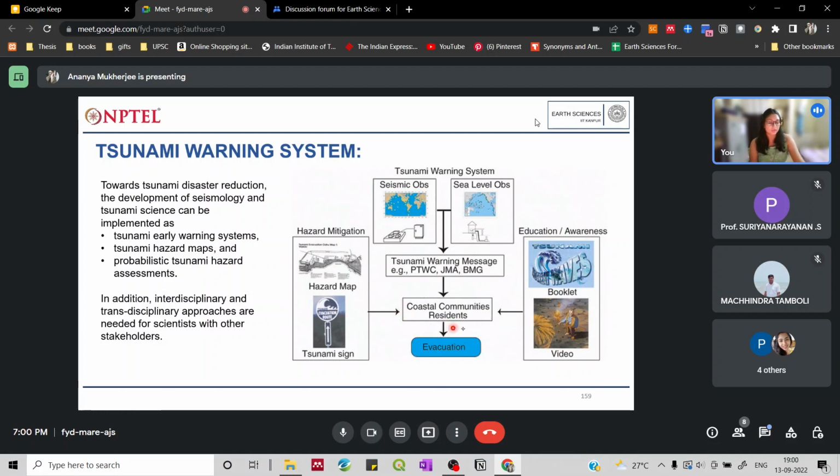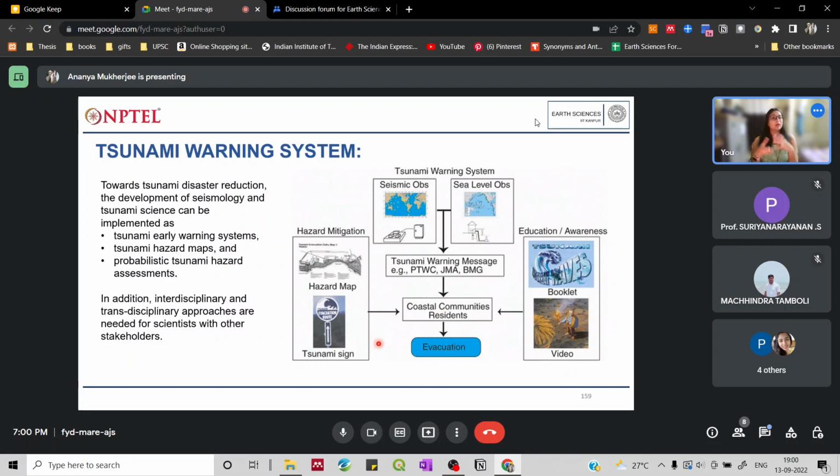They will be warned that there is an incoming tsunami, and that will give rise to the evacuation processes that have been put in place by the state over there. So this is how we can try to minimize the hazard that comes with the tsunami.